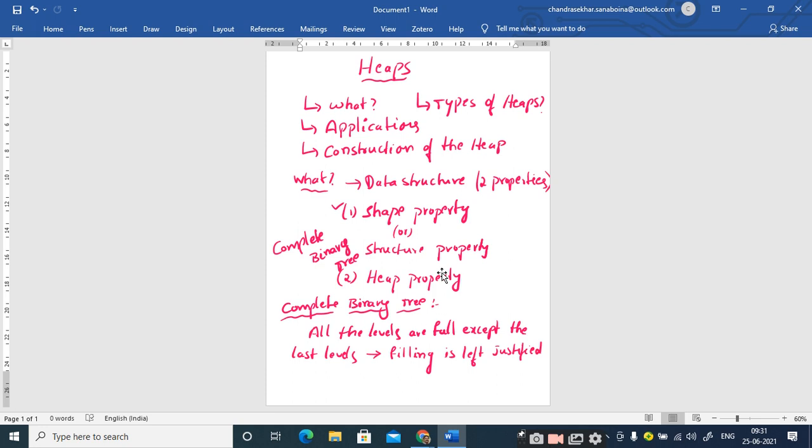So a complete binary tree is a binary tree where all the levels except the last level are full, and while you are filling the last level, you should fill it with left justification. That means you should start filling from the leftmost child, then the right child of the leftmost child, and process it like that.